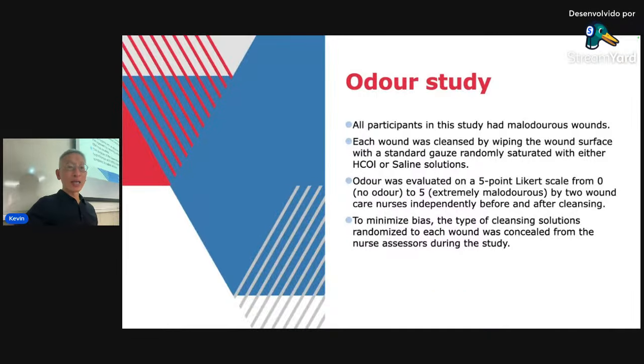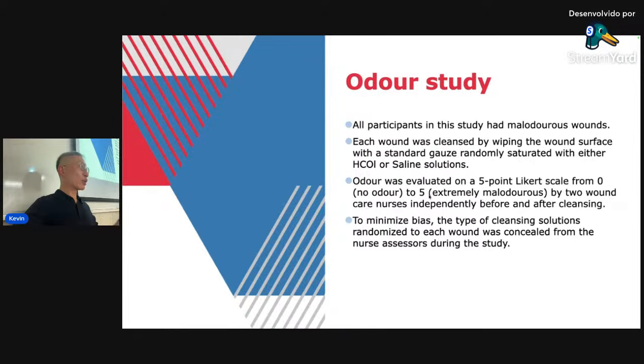We actually did a small study that I talked about to a research class this morning as well. We selected about 5 different wounds. We used a scale to evaluate the odor on a 6-point scale, from 0 to 5, by 2 independent nurses. We randomized the wounds to be cleansed with either hypochlorous acid first or saline first.